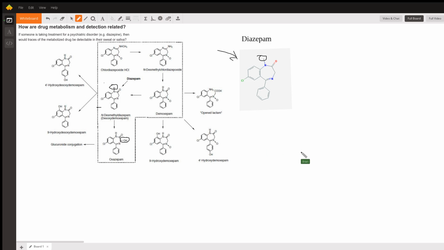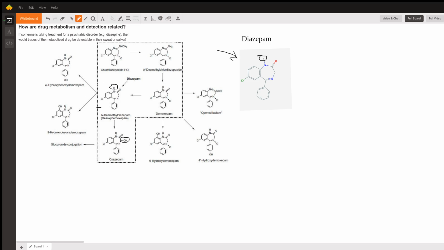So if you were to take a urine sample of a person who took, let's say, diazepam, you might not find any diazepam. You might find some of these metabolites or a combination, but you probably wouldn't find very much of the parent molecule. But if a drug's not metabolized, you could take a urine sample and you will find that drug in the same chemical form as when it was ingested or injected.